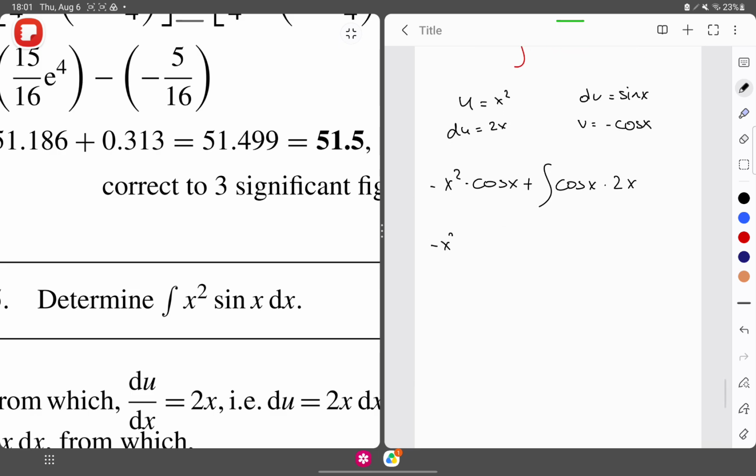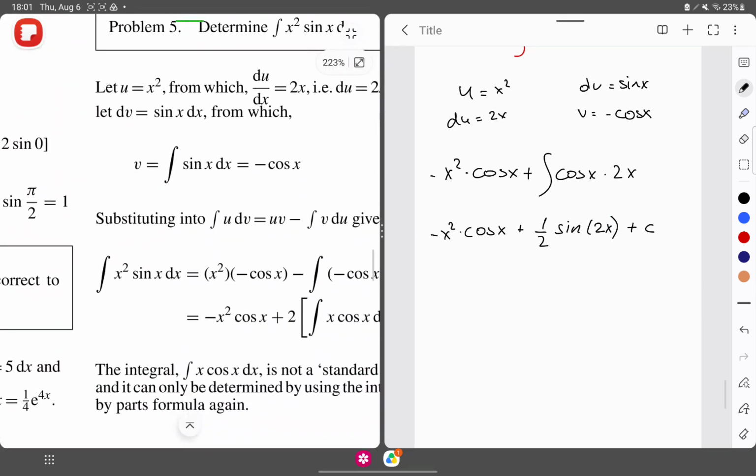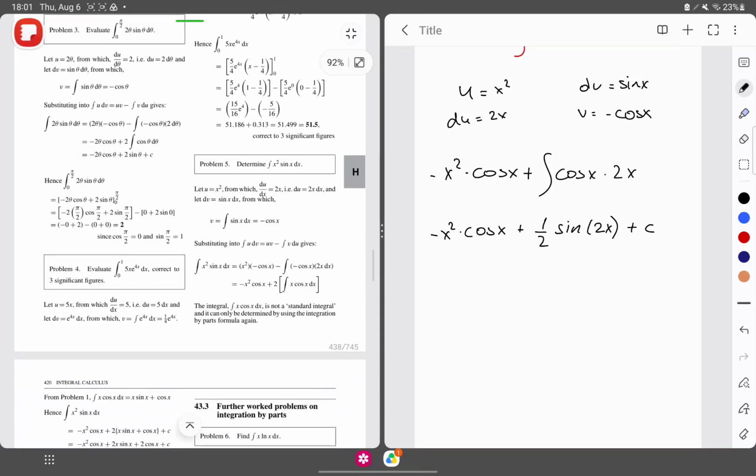Okay, negative x squared cosine x plus, cosine will be what? It will be like 1 over 2, cosine will be sine 2x plus c. I think it's like this. Let me check.